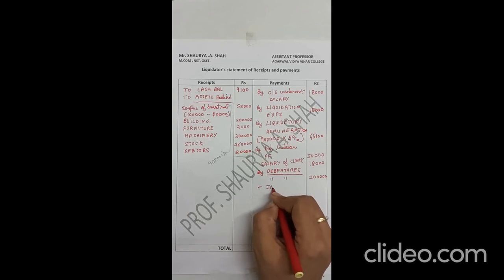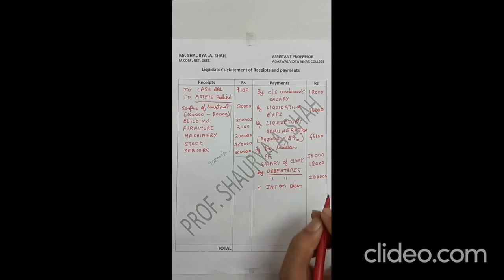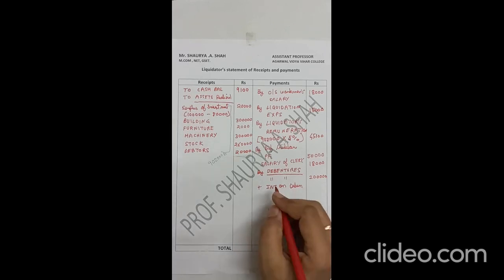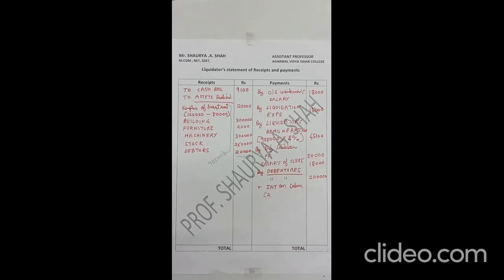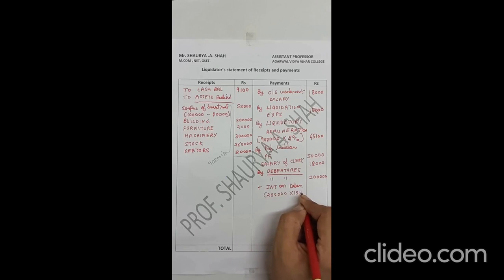So I will write down interest on debentures for 1 year, that is 2 lakh into 15%. So 2 lakh into 15% stands at 30,000.